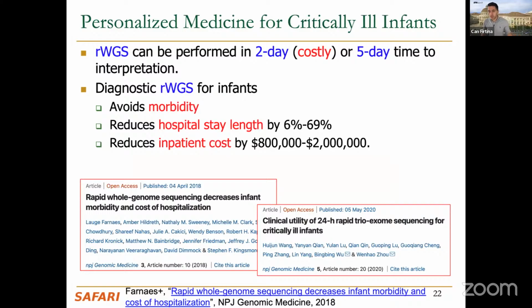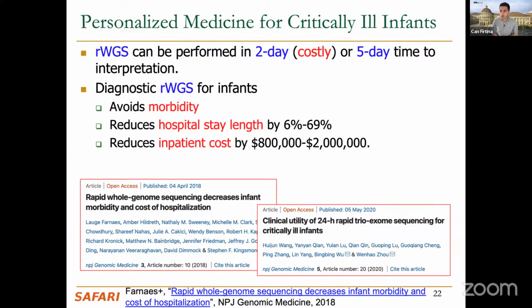But fast analysis is also important for urgent cases, especially for critically ill infants. These are neonates, newborns who show a critical symptom, but you don't know what sort of disease the newborn has, or what sort of treatment you need to apply.